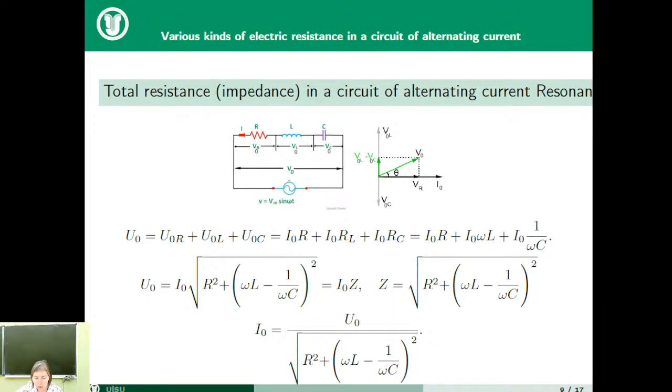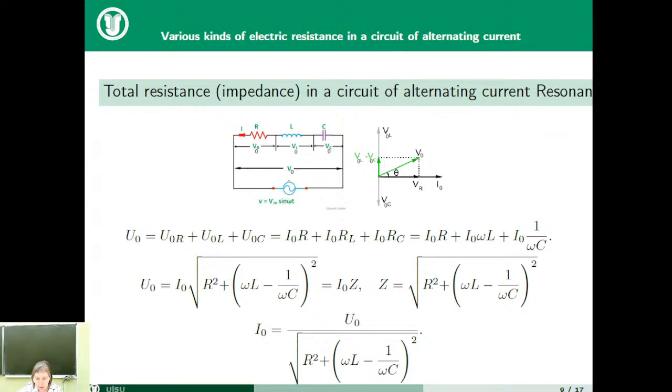And look at the total resistance, the impedance, in a circuit of alternating current. This circuit, a series resonance circuit, consists of these three elements: resistance, coil and condenser. Let's consider a circuit consisting of R, L and C joined in series.